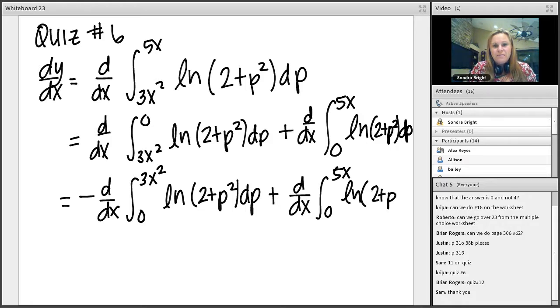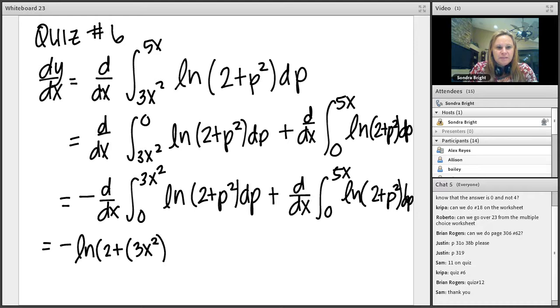And now I can use the fundamental theorem of calculus, which says, all right, I got a negative here. You're going to plug that 3x squared into the p, but then it's not just an x, so you have to do chain rule. So it's a negative of the natural log of 2 plus, plug in the 3x squared into p, and then square it, right?